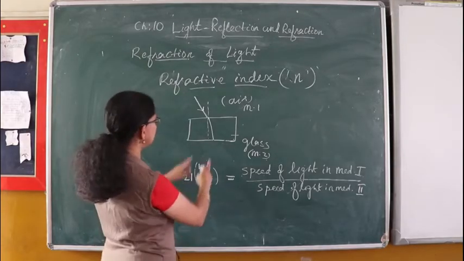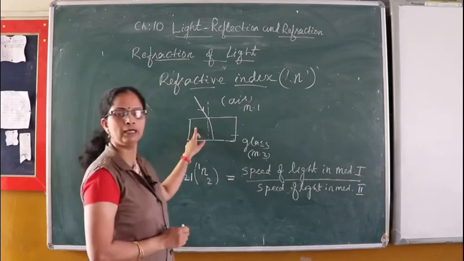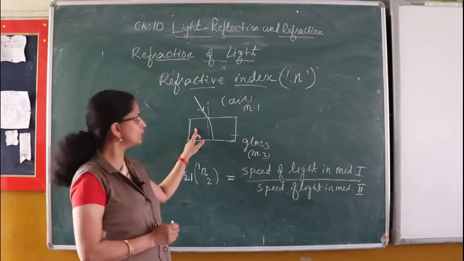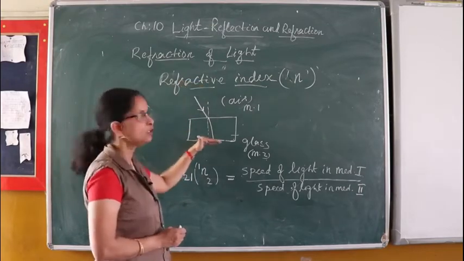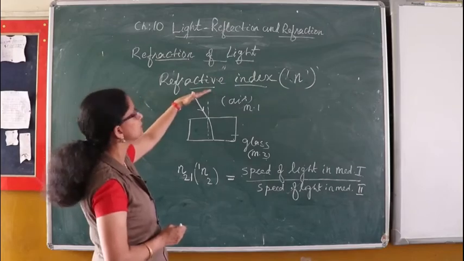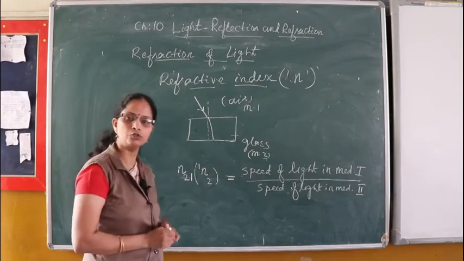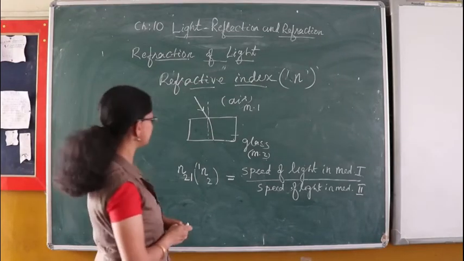So here we can say the refractive index of this glass is also known as the absolute refractive index, or simply the refractive index, because here the light comes from air to glass, where the first medium is air.